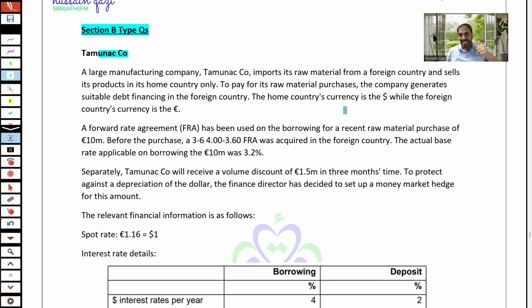First of all, exam scope. In the case study, the examiner can examine either investment appraisal, working capital, business finance, business valuation, or forex as well. Any of these 5 areas the examiner can examine based on the case study. That is based on observation.